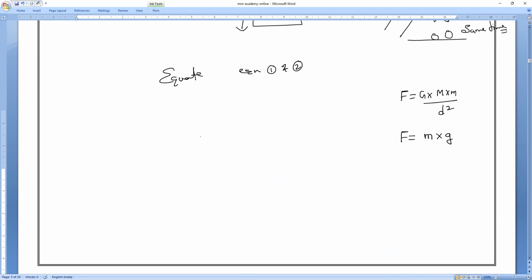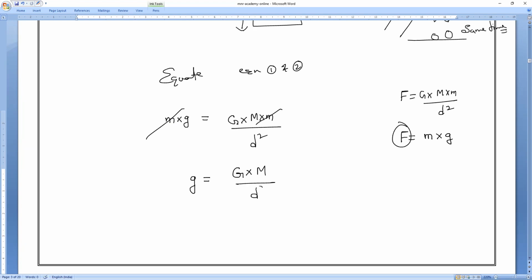So I am equating both. In place of F, I can write m into g. So m into g is equal to capital G into capital M into small m divided by d square. Small m and small m will get cancelled. So small g is equal to capital G into capital M divided by d square.